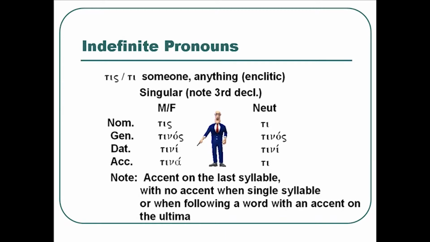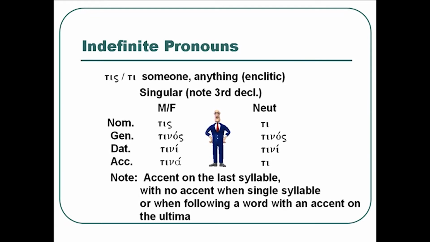So a lot of times this form does not take the accent. It's an enclitic. And even sometimes when there's 2 syllables, it doesn't take the accent if the word preceding it has an accent on the ultima. But sometimes it does take an accent, and it's significant that that accent is on the ultima or the last syllable.